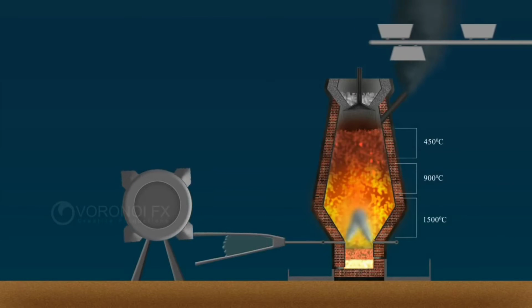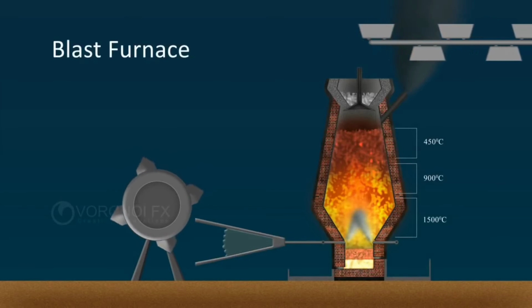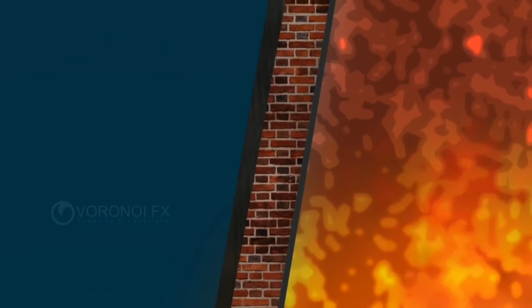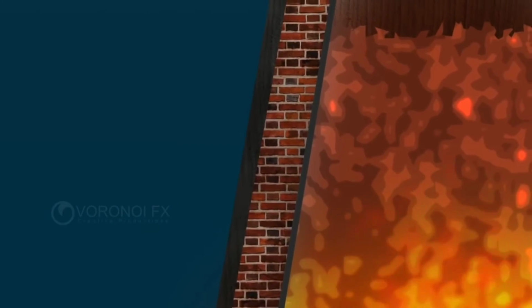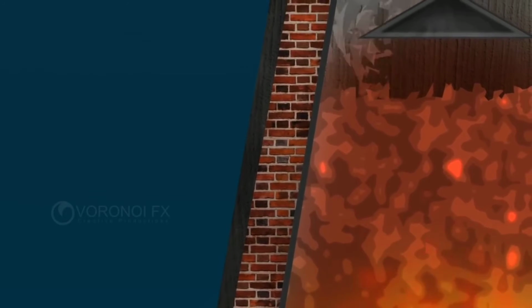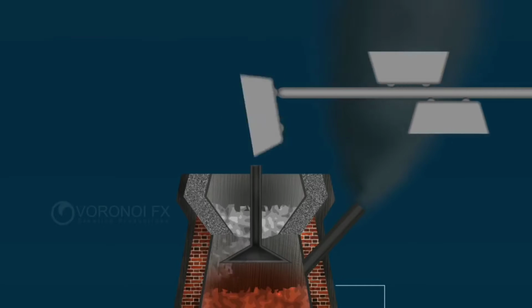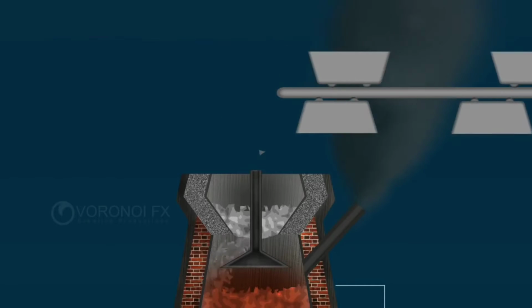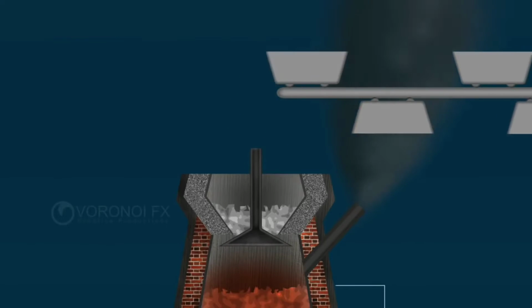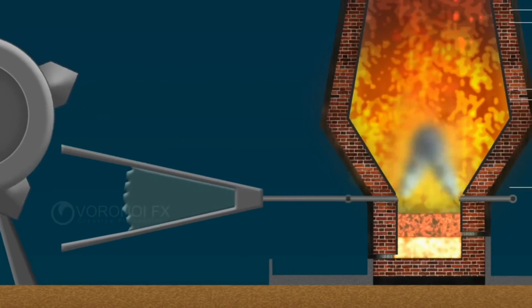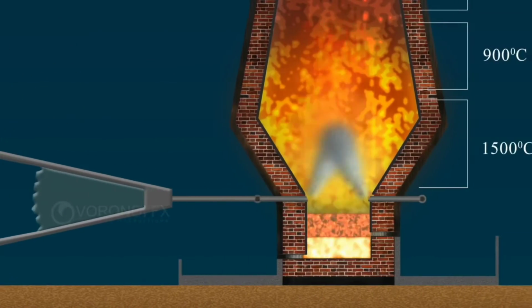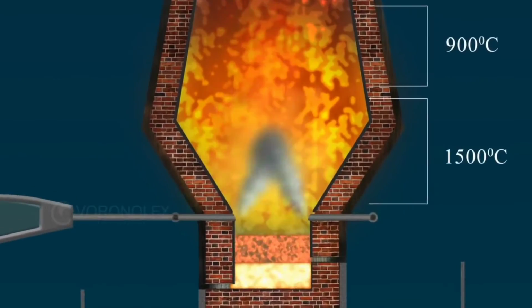The iron ore is converted to iron in a blast furnace. This is made of steel in which the inner side is covered using bricks. The mixture of concentrated ore, coke and limestone is added from the top into the blast furnace. A powerful current of hot air is blown from the bottom simultaneously.